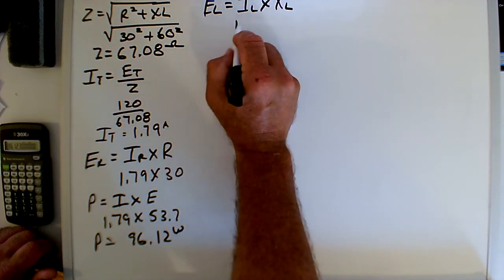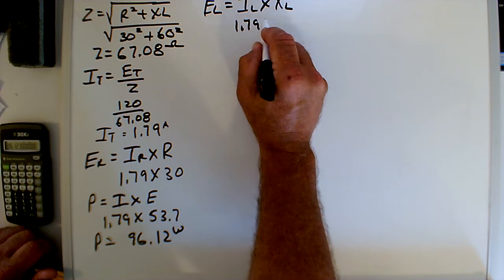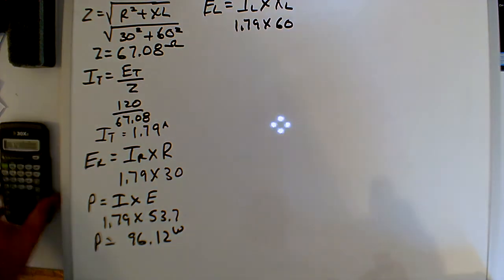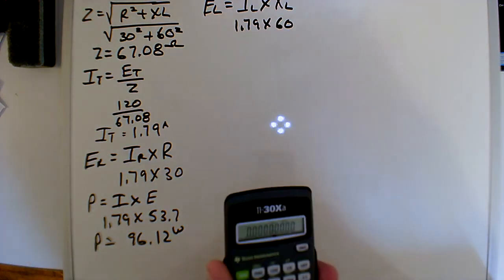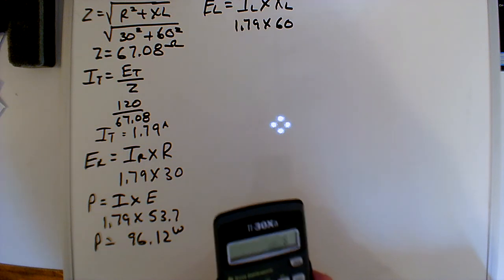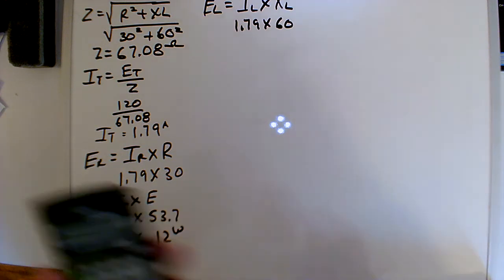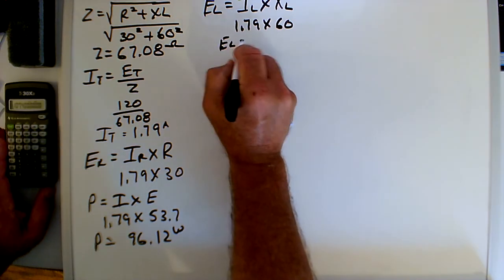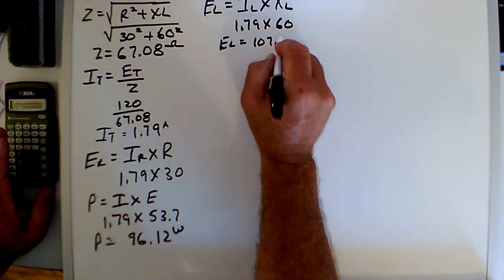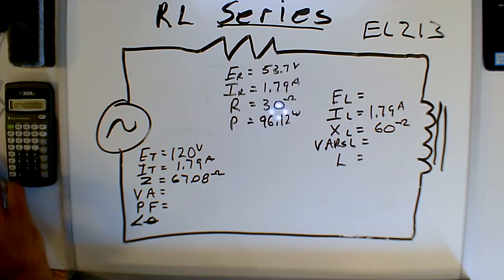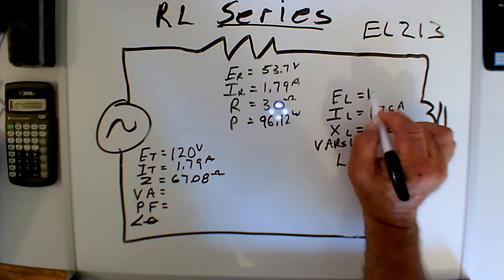So IL was 1.79 times the 60 ohms. And if I grab my calculator, 1.79 times 60 equals 107.4. So EL is equal to 107.4 volts. And then we'll take a minute to write that in here.